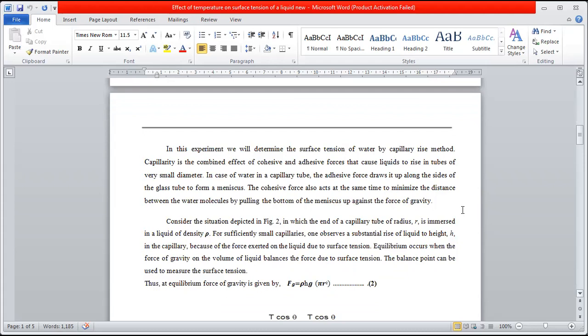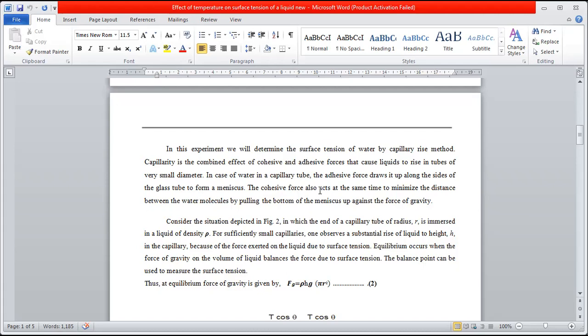The rise of the liquid depends upon the diameter of the capillary tube and the magnitude of these cohesive and adhesive forces. In case of water in a capillary tube, the adhesive forces always draw it up along the sides of the glass tube to form a meniscus. A meniscus is formed at the top layer of the liquid because of surface tension.